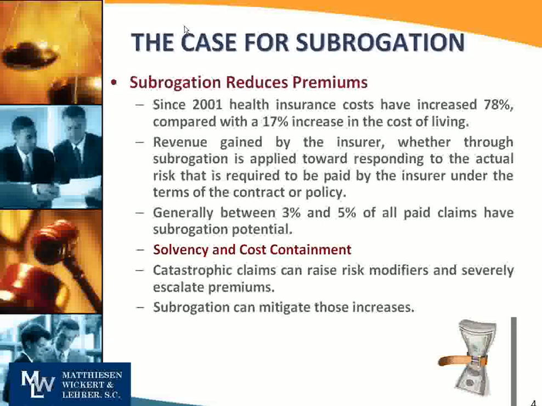And keep in mind, catastrophic claims can have a significant impact, especially on smaller companies. They have a tendency to raise our risk modifiers, and they can severely escalate premiums. That's why it's so important that we focus on how we can recover those dollars through subrogation.